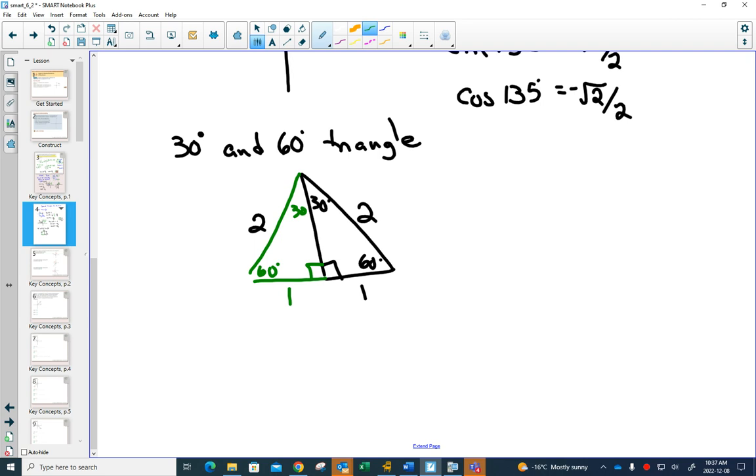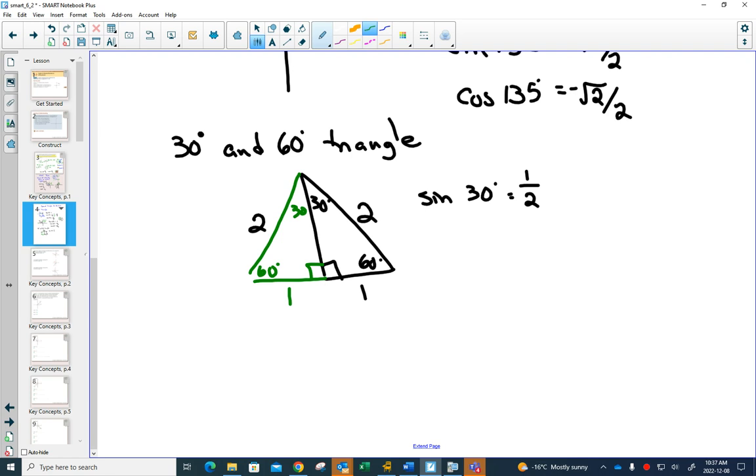Can you see that you can do sine of 30 degrees without a calculator? It would be 1 over 2. So I'm going to write that one down. That sine of 30 degrees would equal 1 over 2. Can you see how that works? Opposite over hypotenuse.